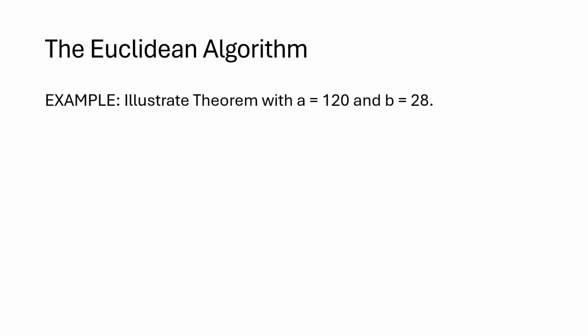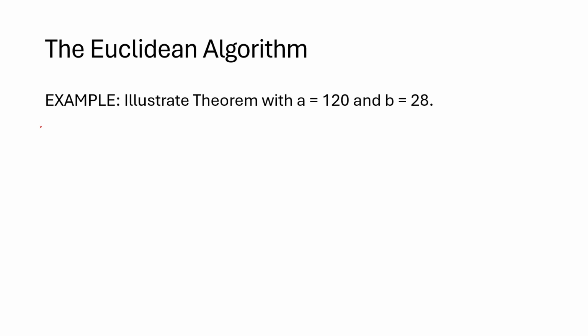So let's have an example, which is an illustration from the previous theorem. A is equal to 120 and B is equal to 28. First, we have to determine the GCD of 120 and 28.